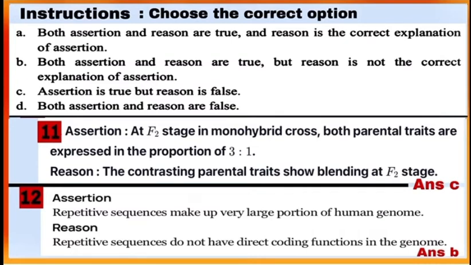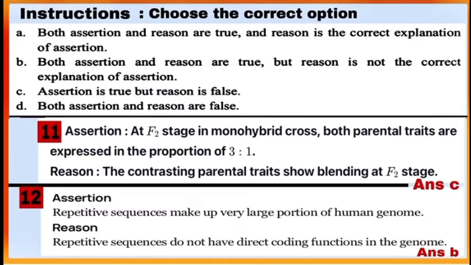Question 12. Assertion: Repetitive sequences make up a very large portion of human genome. Reason: Repetitive sequences do not have direct coding function in the genome. Correct option is B. Repetitive sequences make up a large proportion of human genome. This is the correct statement. Assertion is a true statement.